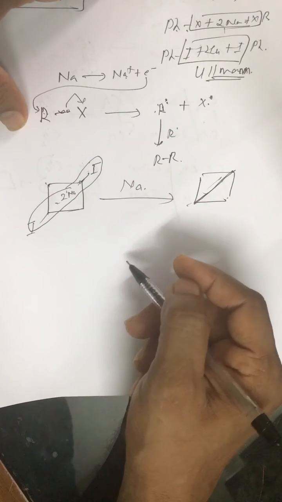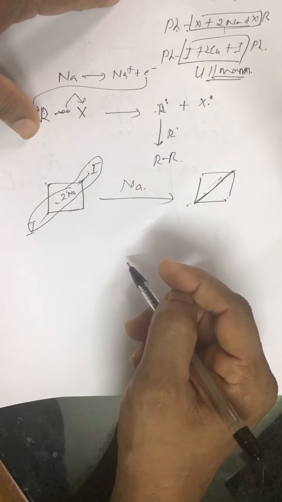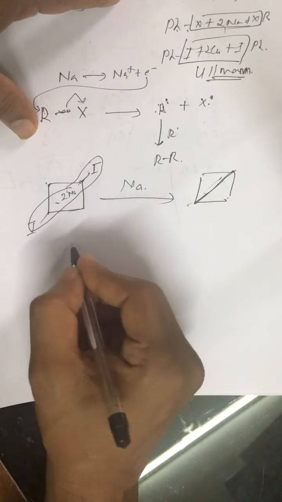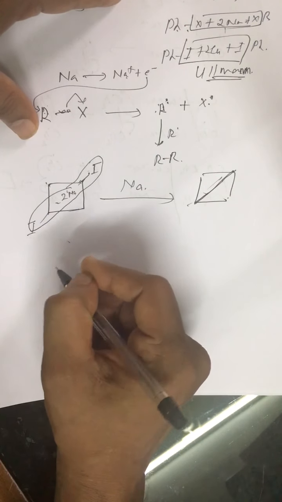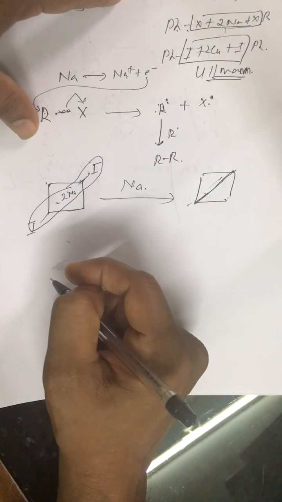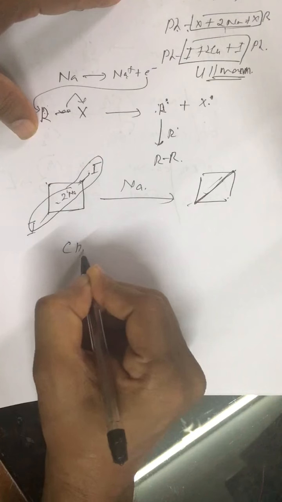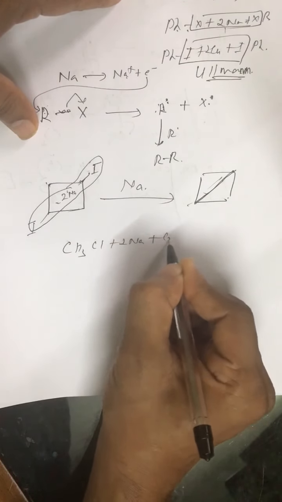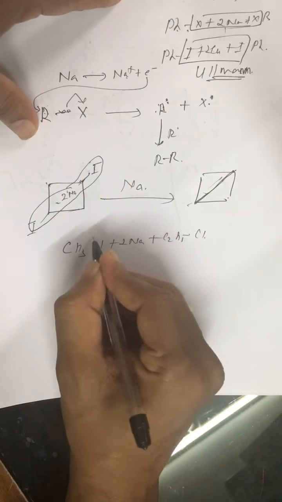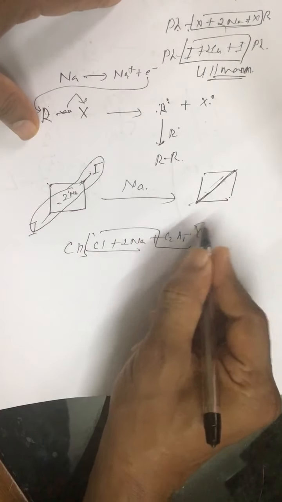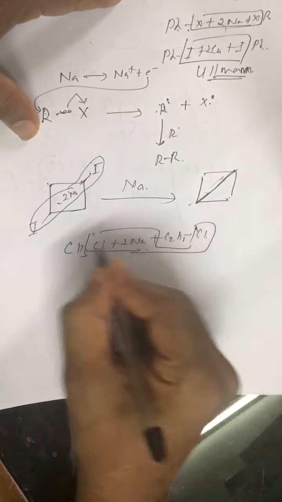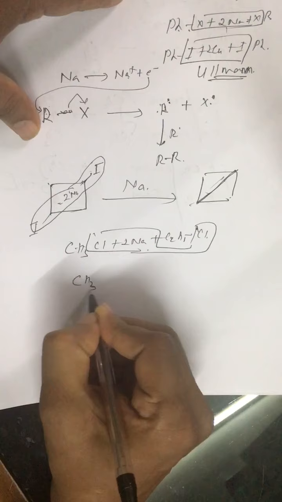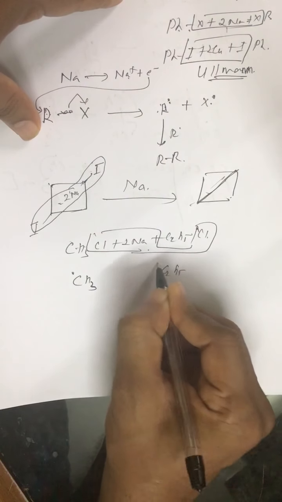Again, the problem is methane cannot be prepared because you have to take two alkyl groups at least. So the minimum alkane which is obtained is ethane. You can also prepare a mixture, like if you use CH3Cl, twice of Na plus C2H5Cl, you get removal of twice of NaCl. But the point is you are getting CH3 free radical as well as C2H5 free radical.